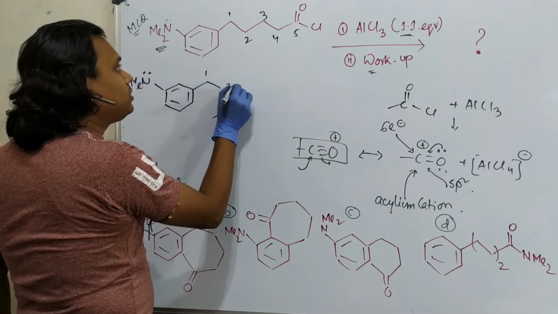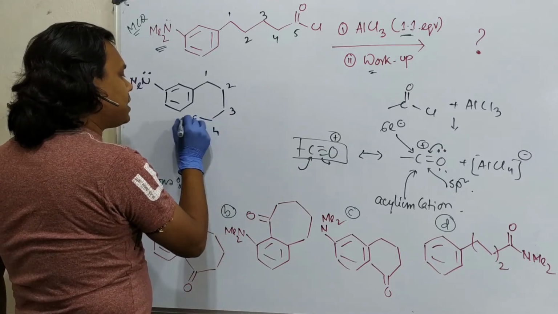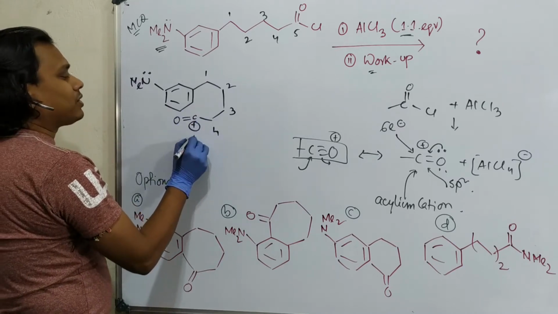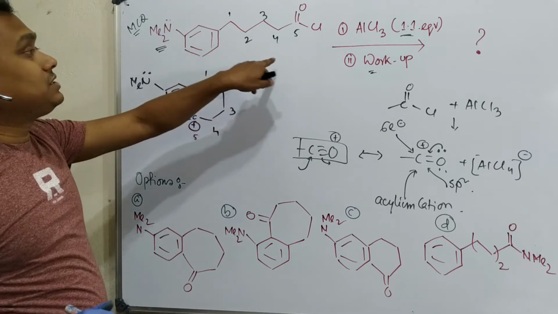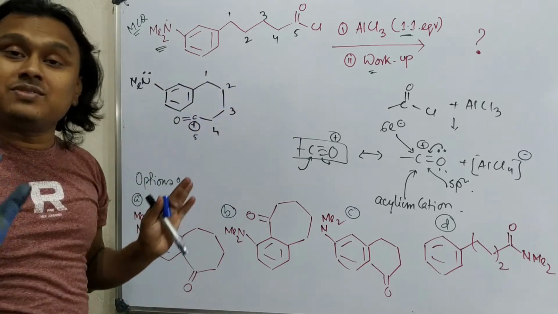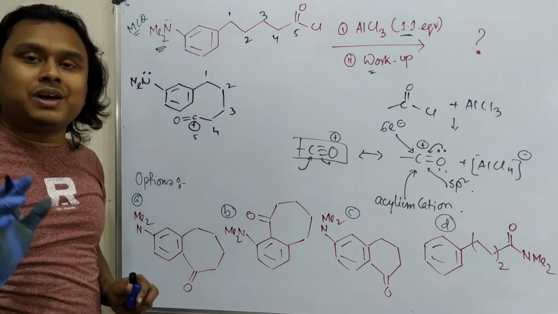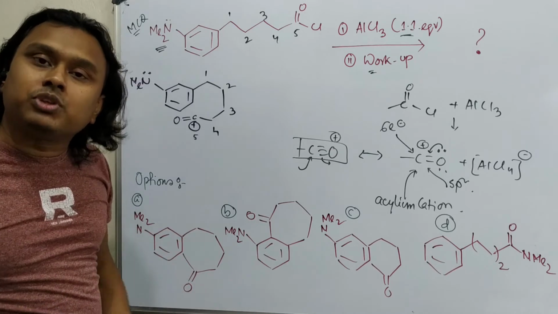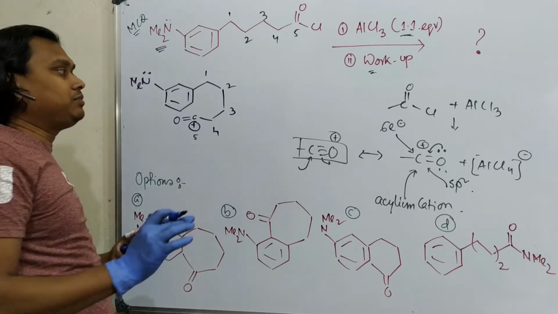This is 1, 2, 3, 4 and this is 5. Why is this drawing important? Whenever you get a question with this extension and there is a chance of cyclization, this numbering is very essential, because numbering will give you an idea of the final ring size of the compound. Otherwise you will do everything right, but it will ultimately end up in a mistake.